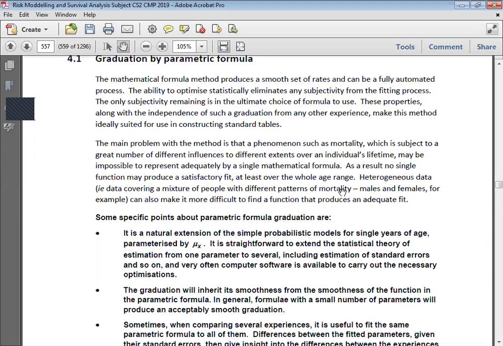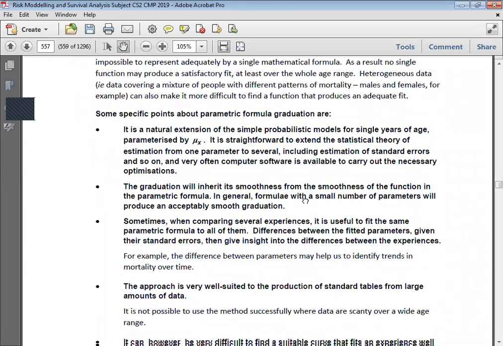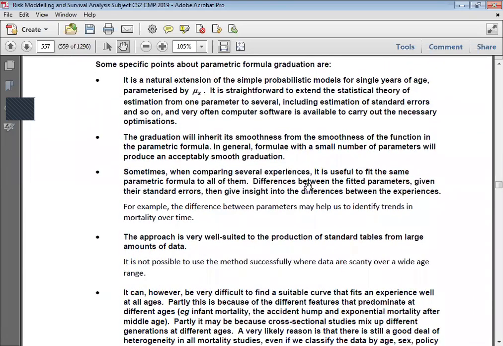The only issue with this is that sometimes a single function might not give you a satisfactory fit for all the age ranges. But sometimes if you use a smaller number of parameters, you can actually try to have a smooth graduation.